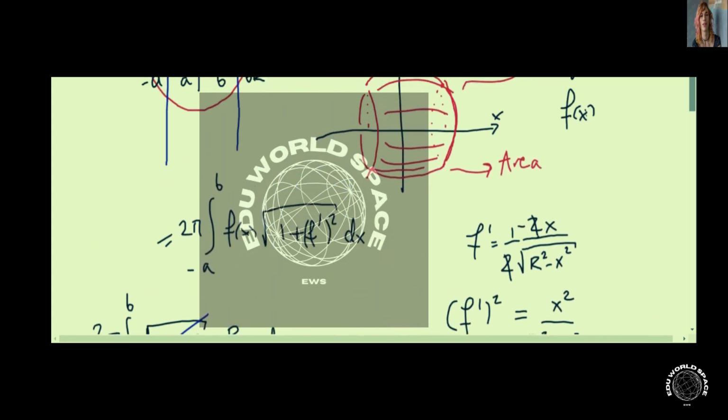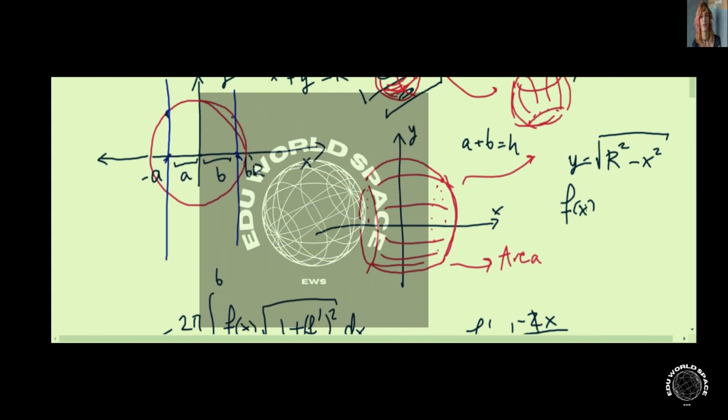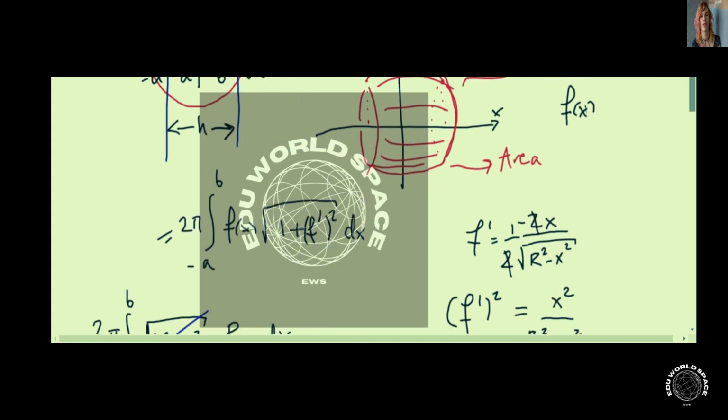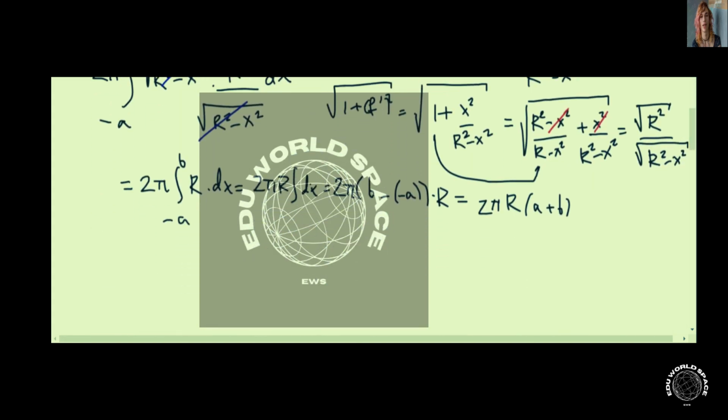And this a plus b is h, the distance between the two planes, so the area is going to be 2 pi times r times h.